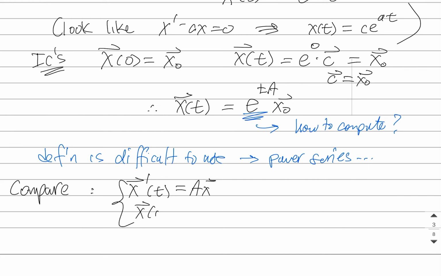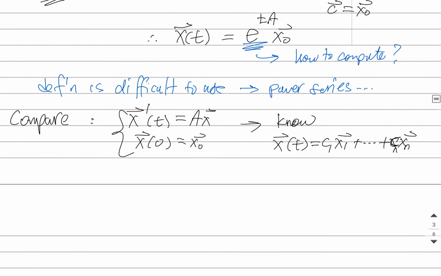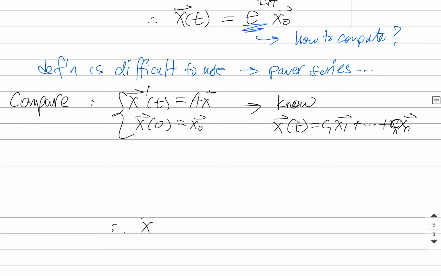If I had given this first-order system a little while ago, we know that the solution x of t is a linear combination of all of these fundamental solutions. If it's an n by n system, we have to have n of these fundamental solutions. And that means that we can write this system as a matrix vector product.